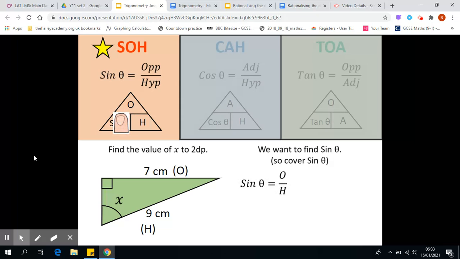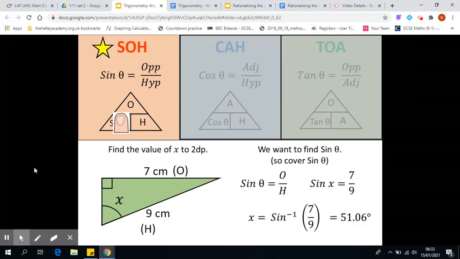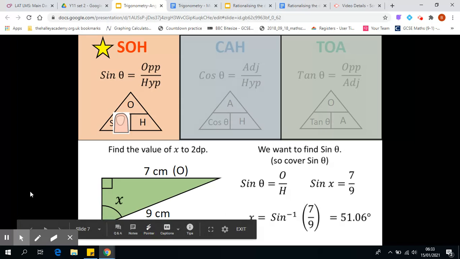I cover the right one to identify the formula. Once identified, again sine inverse of 7 over 9, which gives us 51.06 degrees to 2 decimal places. Remember, I have rounded to 2 decimal places and I've made sure I provide the units, which is theta.